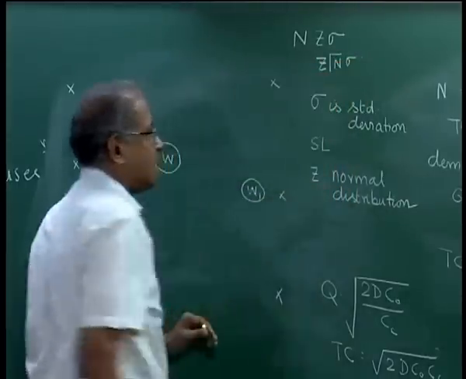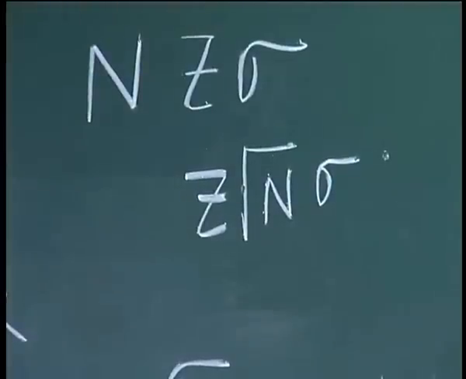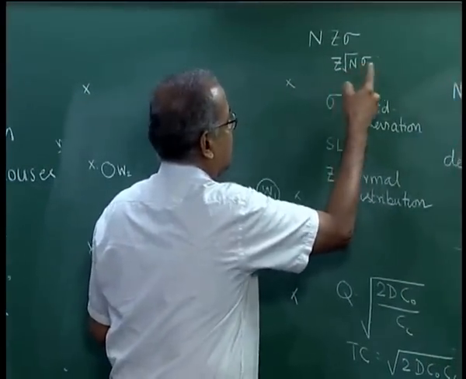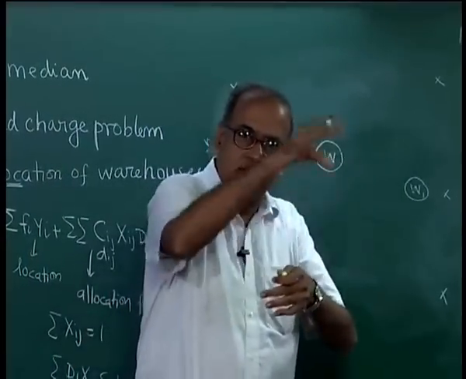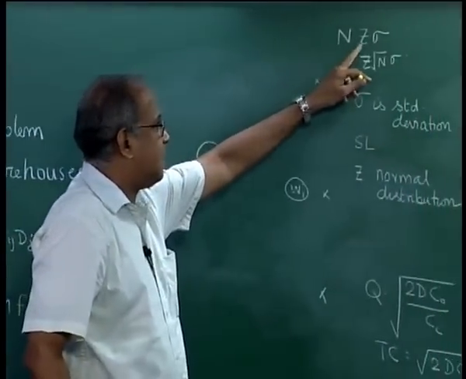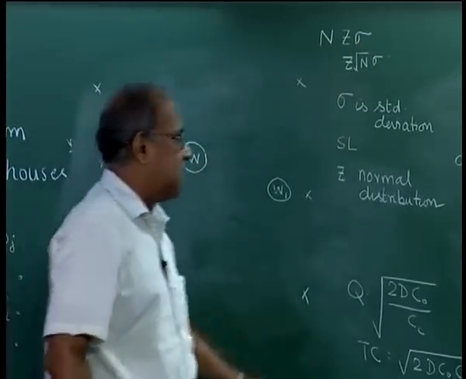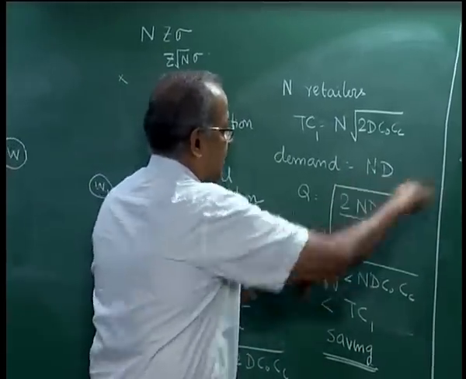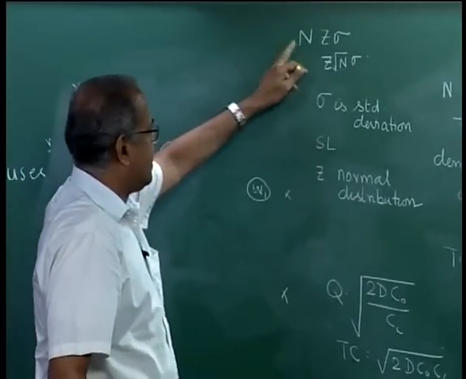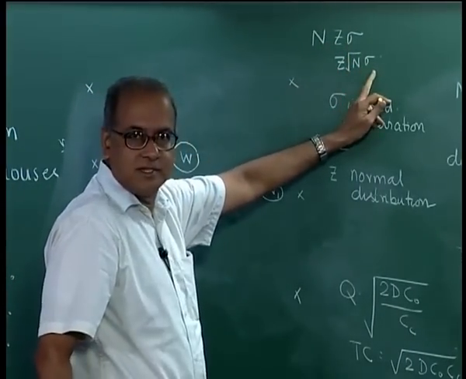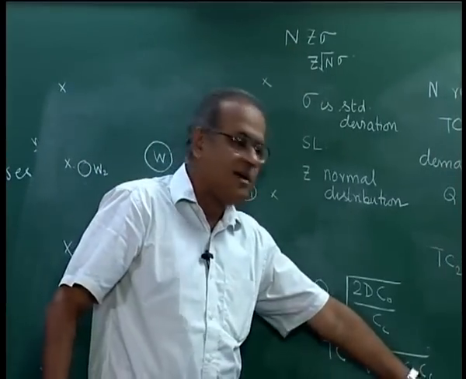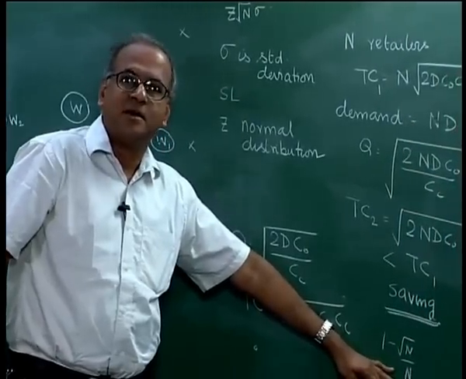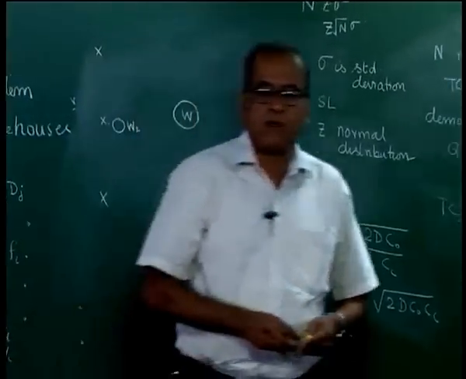The total amount of safety stock maintained if we bring them together will be Z into root n into sigma, whereas if we maintain them in different places it will be Z into n into sigma, very similar to n into root over 2 d C naught C c versus root n into root of 2 d C naught C c. Similarly, n into Z sigma versus root n into Z sigma. Once again it is possible to show that the saving is of the order of 1 minus root n by n, or 1 minus 1 by root n.